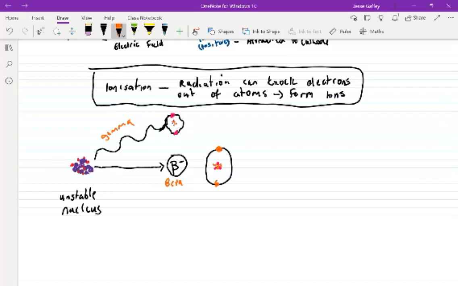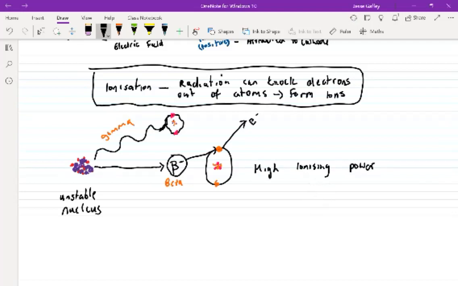When it knocks into the electron, it has a better chance of knocking that electron out of the atom. So we say it has a higher ionizing power, high ionizing power. Beta particles have a high ionizing power.